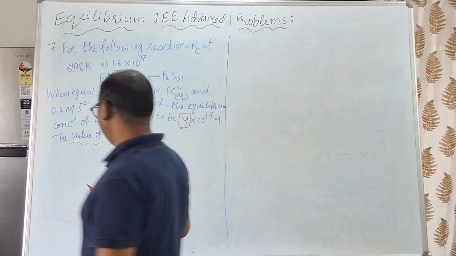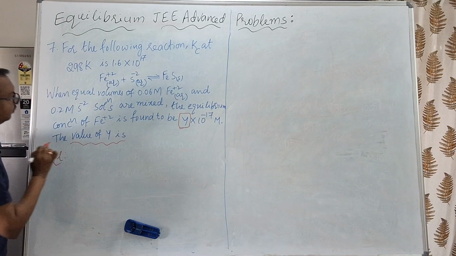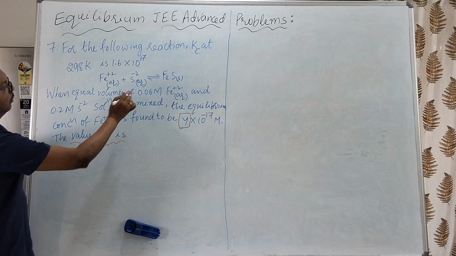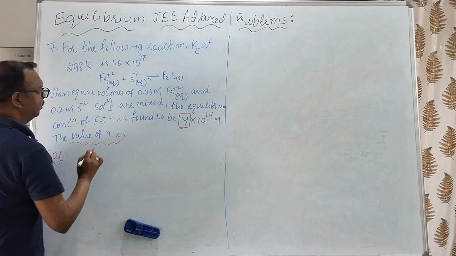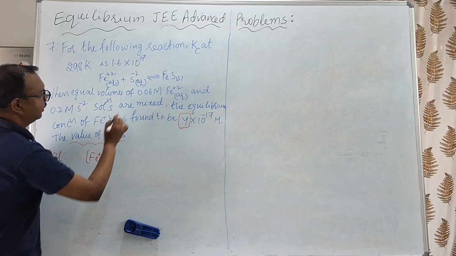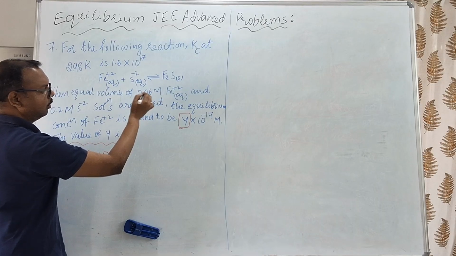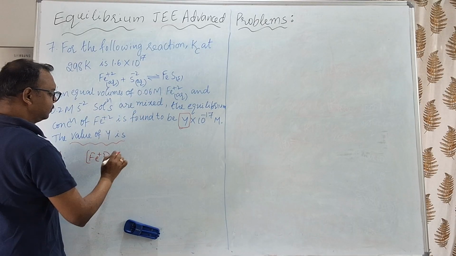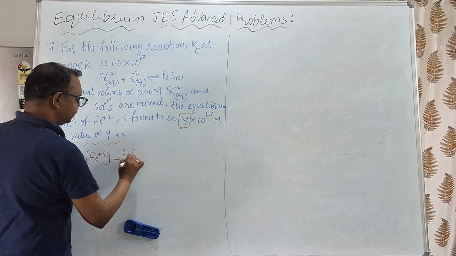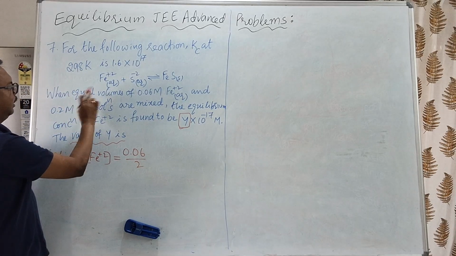When we come to the solution of this question, first we have to note that equal volumes are given. Equal volumes means the concentration of Fe plus 2 becomes 0.06 by 2. Why?